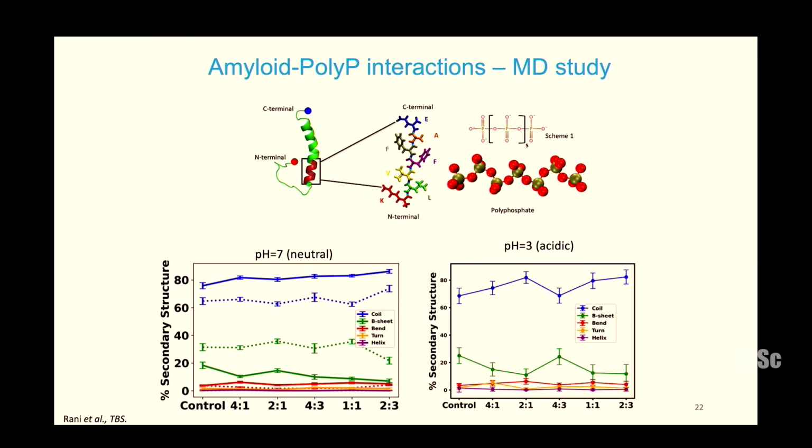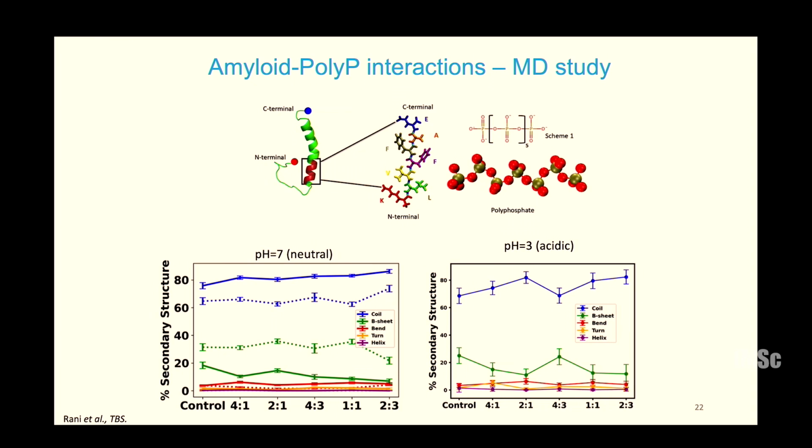The way we can test this is by doing molecular dynamics simulations. Again, this is a 40 residue long peptide. What we did is we took a small region where they will aggregate, and then we treated it with polyphosphate, and we looked at how much beta sheet and alpha helix and other structures are there between the two pH values. This is an initial result.